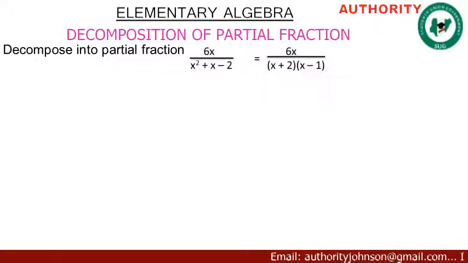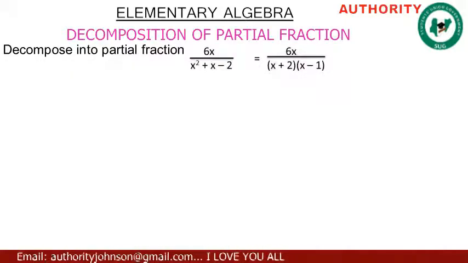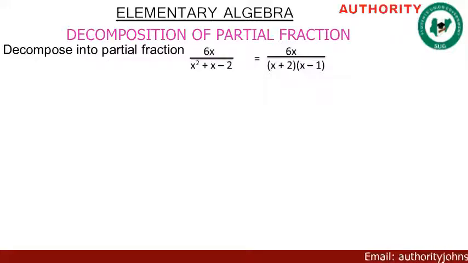You get it? So it's the same as x squared plus x minus 2. That means we're going to have 6x all over (x plus 2)(x minus 1).